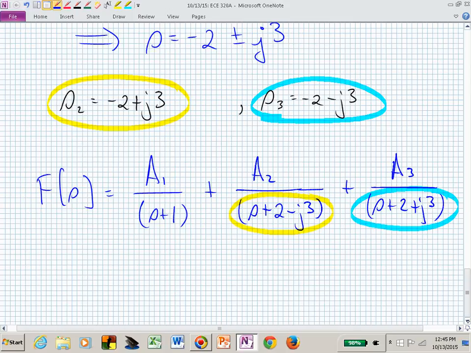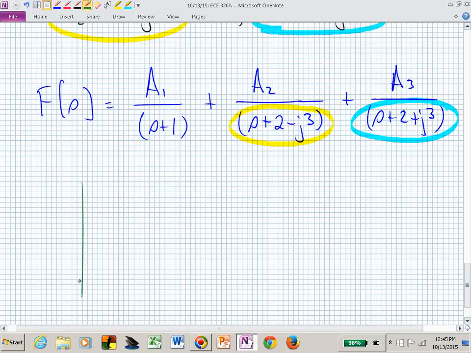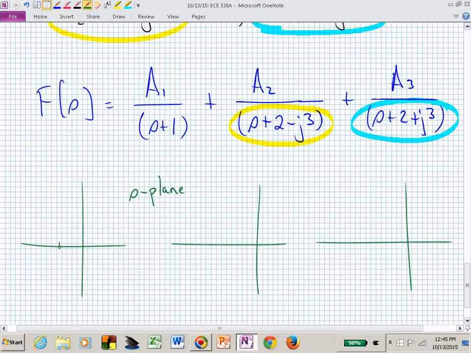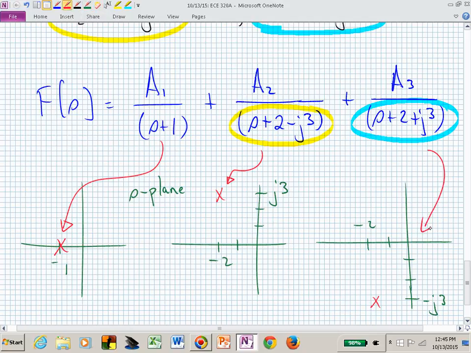In the complex S-plane, if we wanted to sketch these, there's that one, here is that one, and here is the third one.